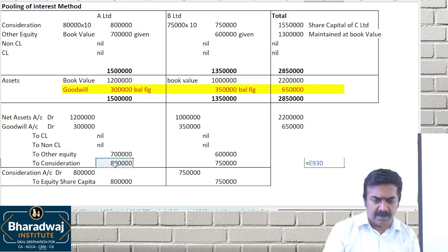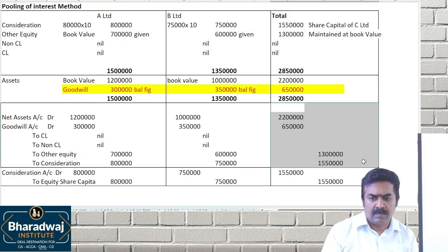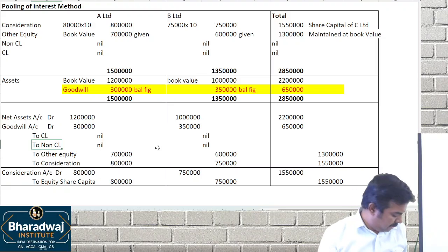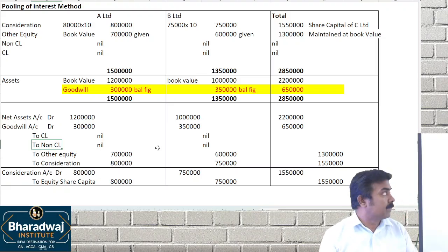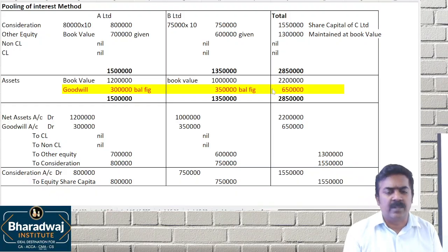Consideration is 8 lakhs plus 7 lakh 50,000. Okay. Any doubt in it?